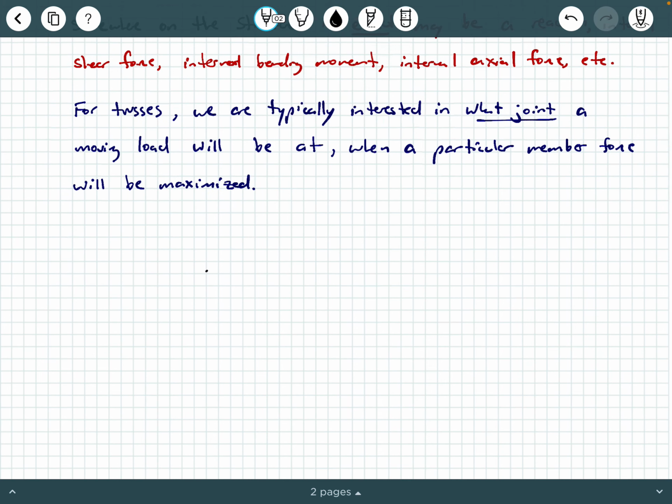truss, okay? Let's say we have a truss with some joints here. Let's say we have numbers across here, and we got a pin and a roller here, okay?